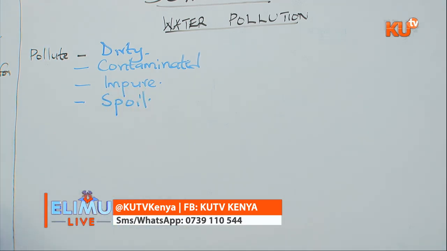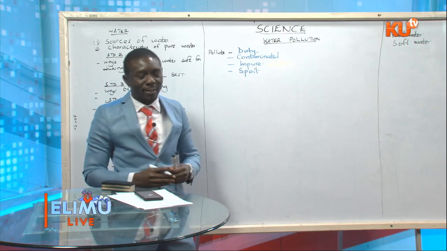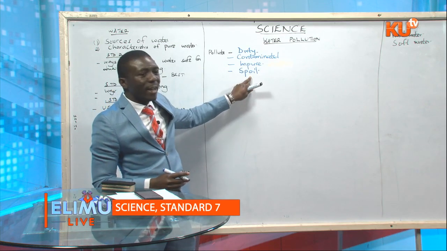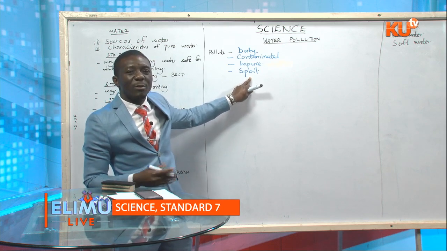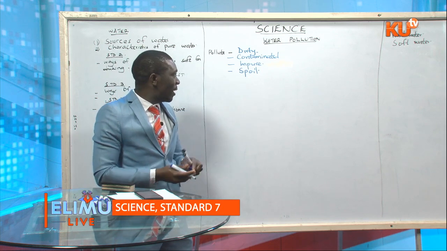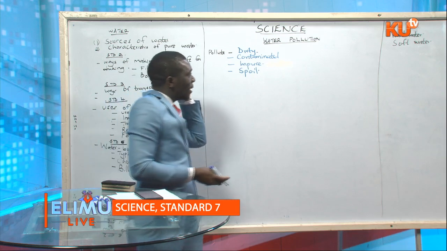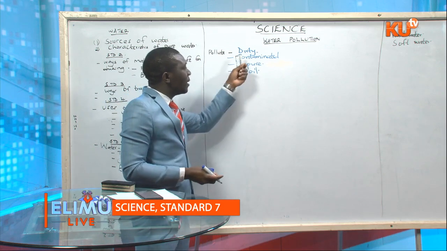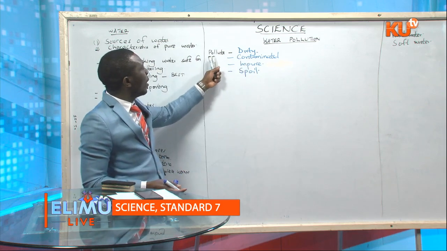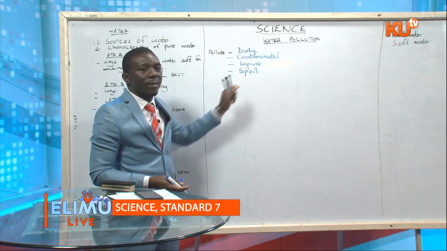We know water is very, very clear. It does not have any color. That's why we say it is colorless. But when we add there something like soil, it becomes brownish in color. So we say we have done what? Contaminated it. Or we have made it dirty. So that's why the word pollute has got 4 definitions.